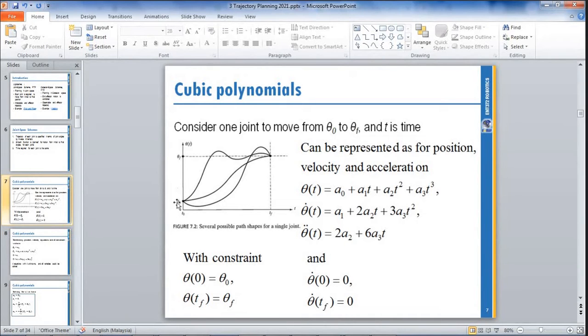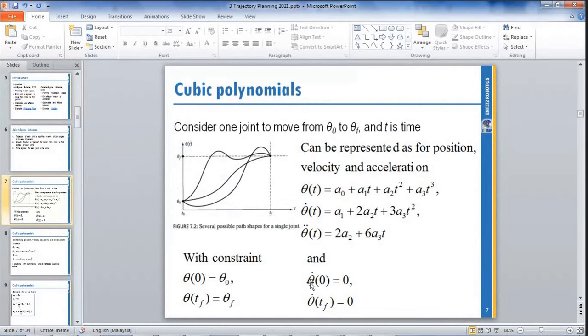So when your robotic arm starts, the velocity is 0, and when your robotic arm stops, the velocity is also equal to 0. Position at time 0 equals theta 0, and position at time final equals theta final.